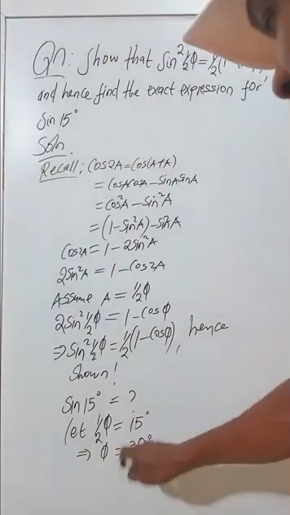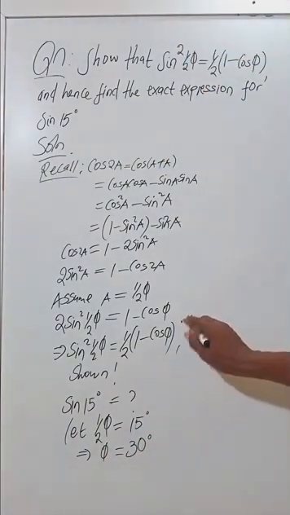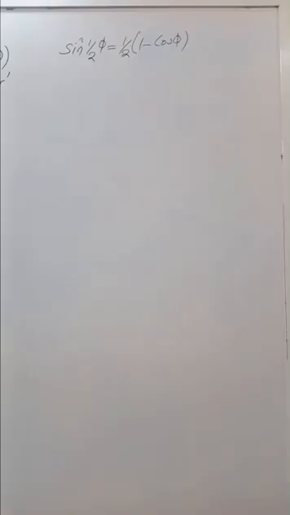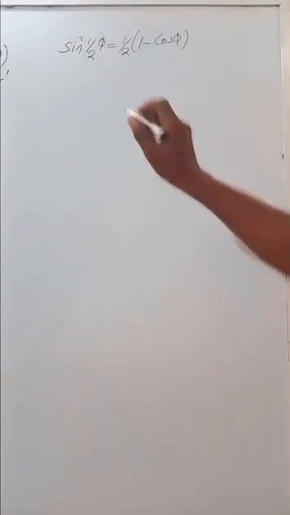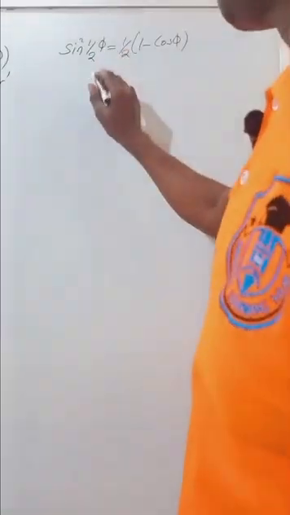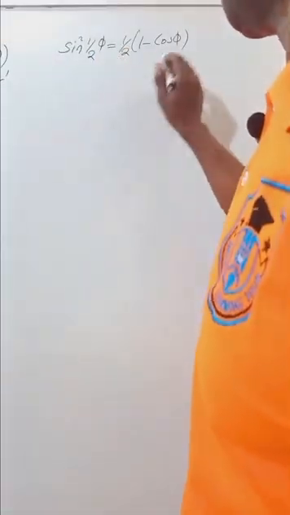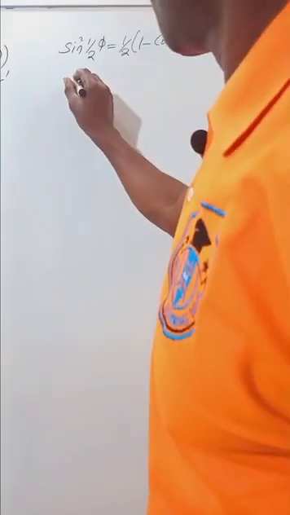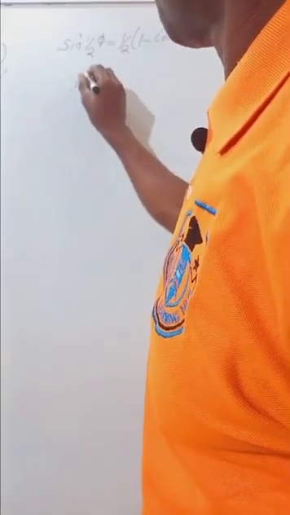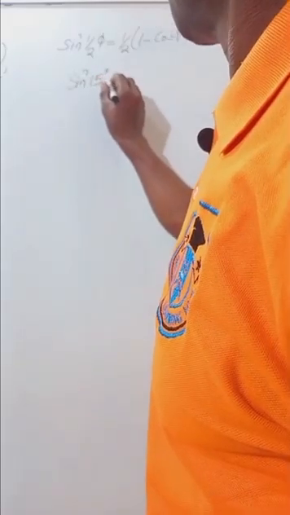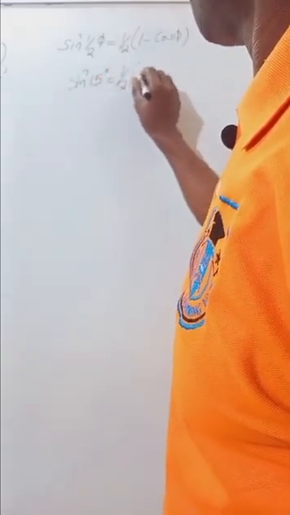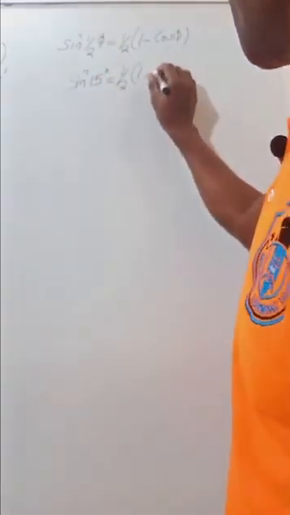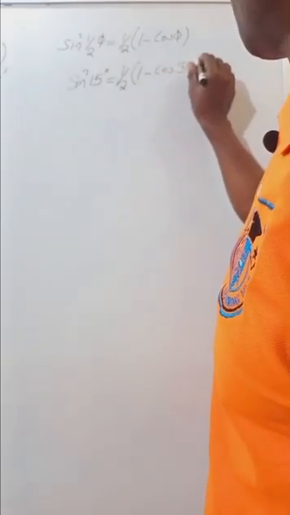Now substitute this information into this formula. We have seen that a half phi equals 15, and phi itself equals 30. So we shall say sine squared of 15 degrees will be equal to a half into bracket 1 minus cos of 30 degrees.